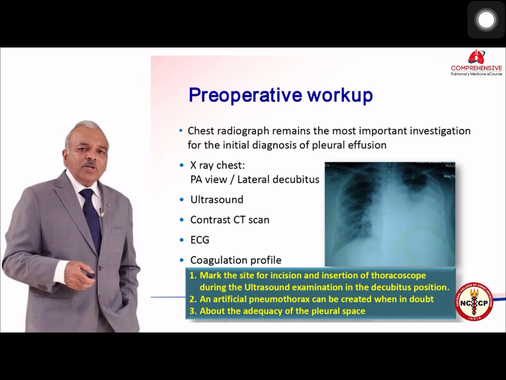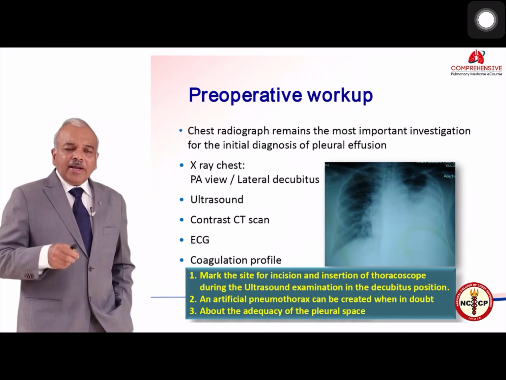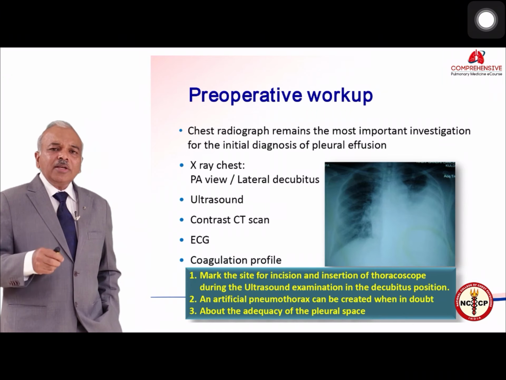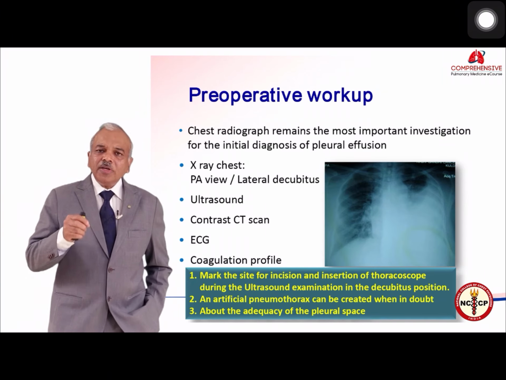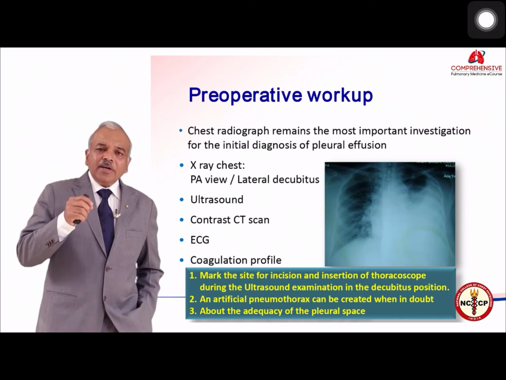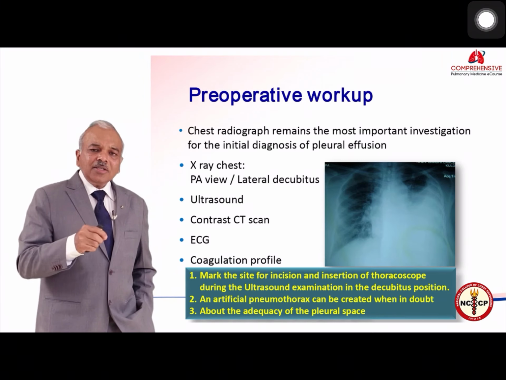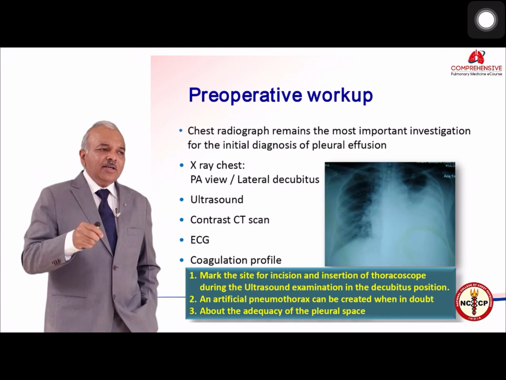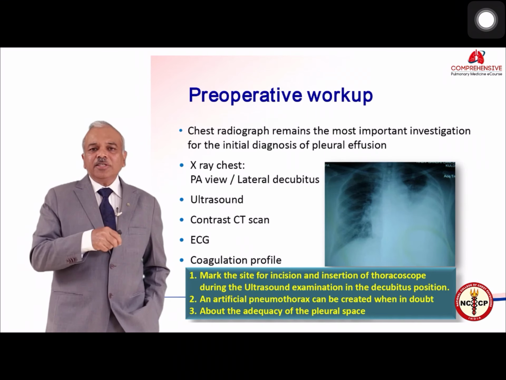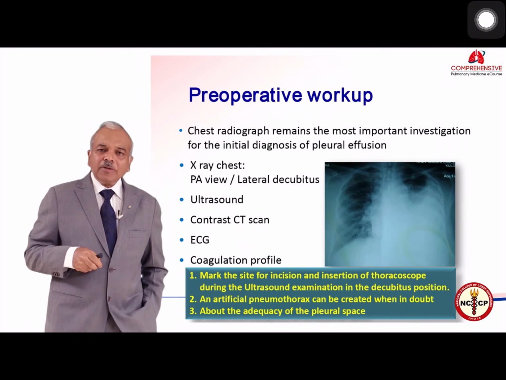An ultrasound is invaluable. An ultrasound procedure must be done in all patients where thoracoscopy is to be contemplated, the reason being that the ultrasound shows you exactly which is the port of entry for your trocar.